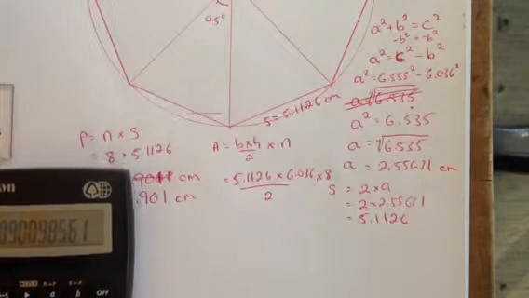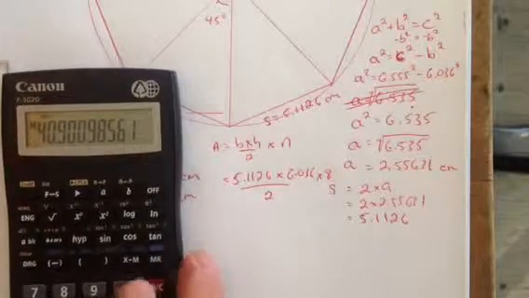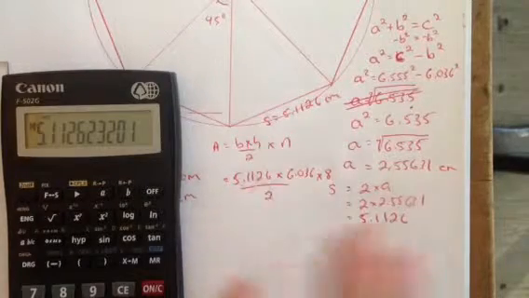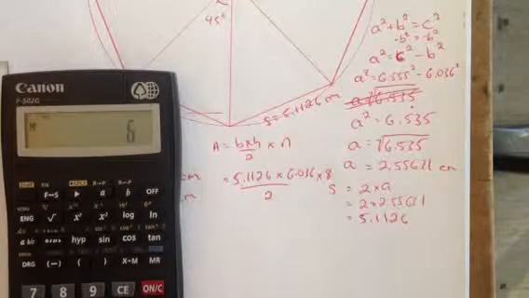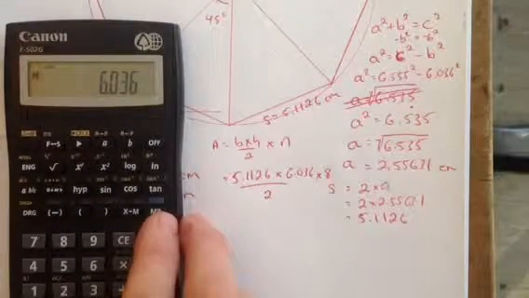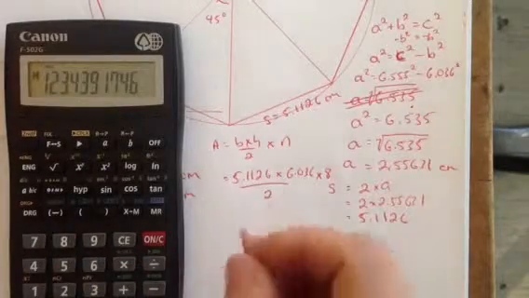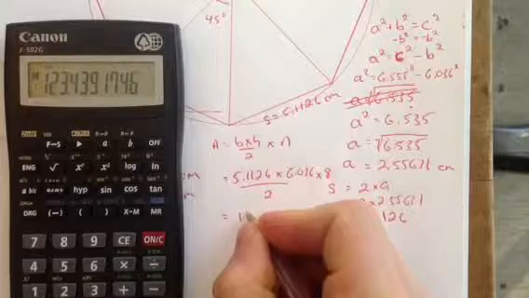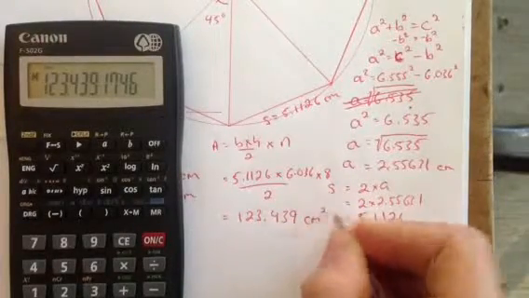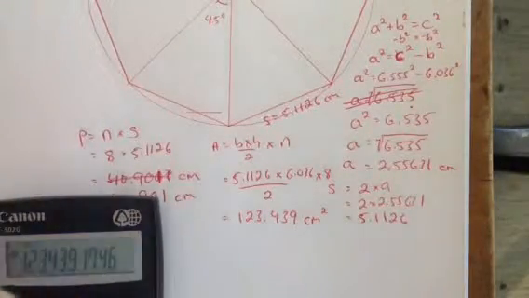Okay, so there's my side length. I'm going to multiply that by 6.036. Divide that by 2, times that by 8, is equal to 123.439 centimeters squared. And that is it for question number 1.